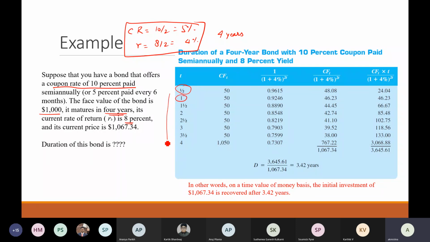So this is your time period T. Cash flow is 5% into 1000 face value, so face value is $1,000. These are going to be your cash flows, and at each time period you will get 50 as interest, and 1000 as maturity value, and that's why you have 1050 in the 4th year.